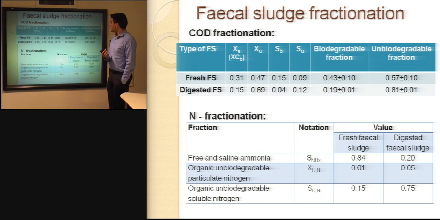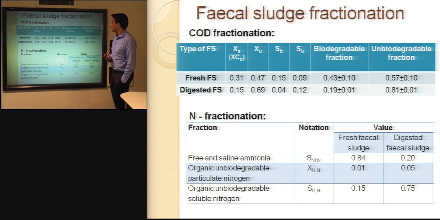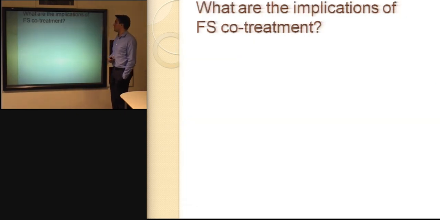So this COD fractionation, when combined with the characteristics of the fecal sludge, can already provide us enough information to understand and foresee how these compounds will not only affect our plant, but also how they could be removed.